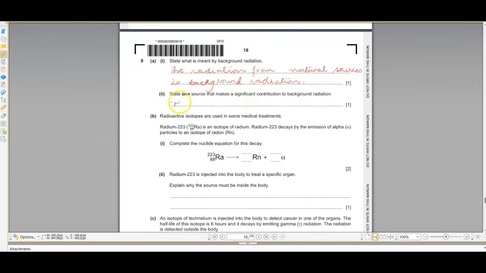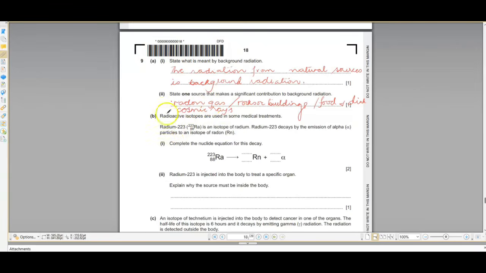That would be radon gas, and it can also be rocks or buildings. It can also be food and drinks, and not to forget cosmic rays as well. You can write any one of these.